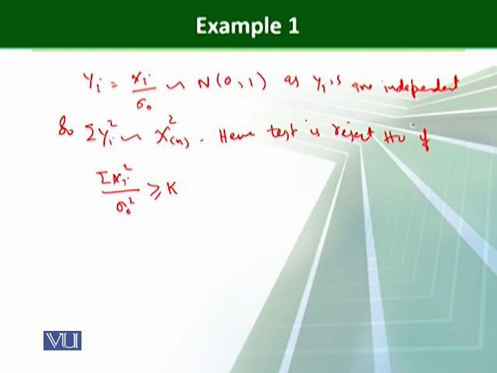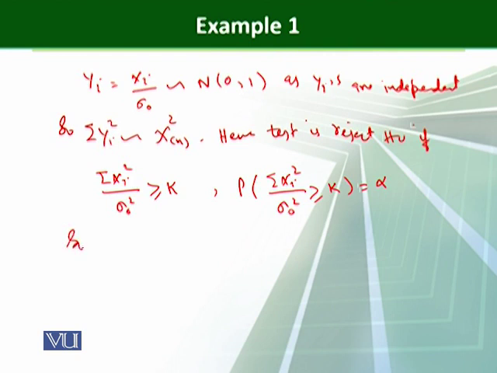So basically the probability of sum xi square over sigma naught square greater than or equal to k is equal to alpha. Basically this is the situation.